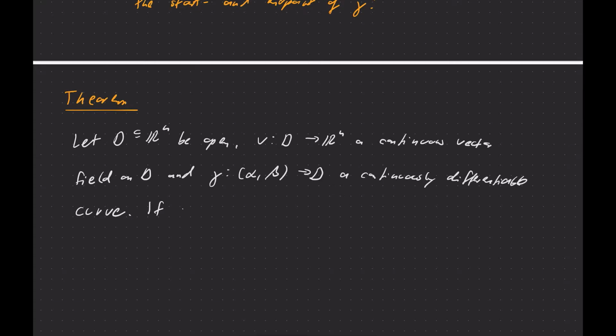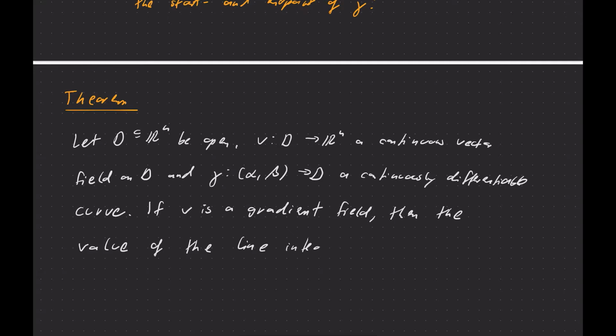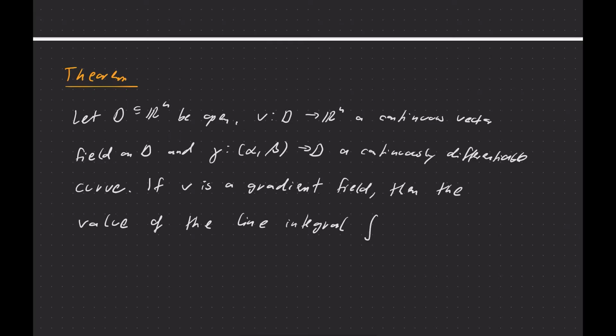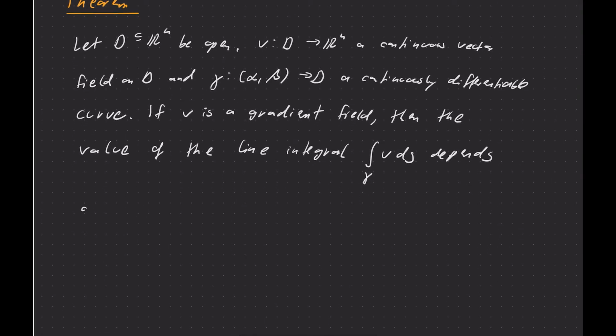So if V is a gradient field, then the value of the line integral over V along gamma ds, that value depends only on the start and end point of gamma.